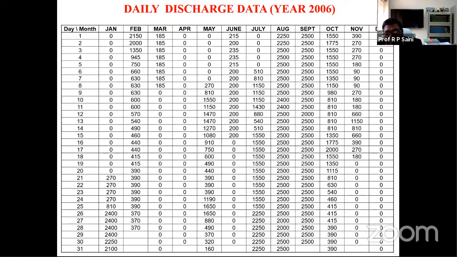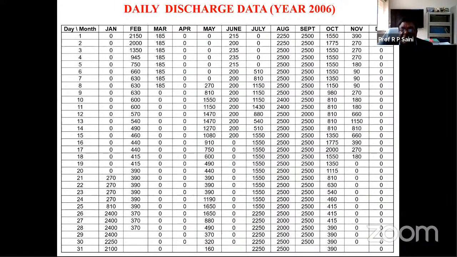You install it across the stream, and every day you measure the head, the level in the weir. Any weir you can install, and then it's very simple to get the discharge, and similarly in the month of February. So for all the months you can get the data. Now there should not be any question.